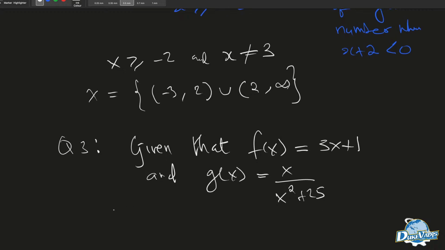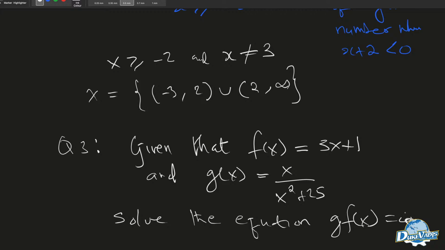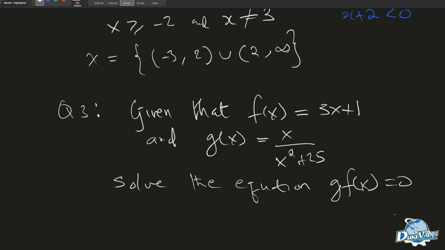The question says solve the equation g f of x is equal to 0. So this is question number 3. We have been given a function 3x plus 1 and g of x is equal to x over x squared plus 5. Solve the equation such that g f of x is equal to 0.